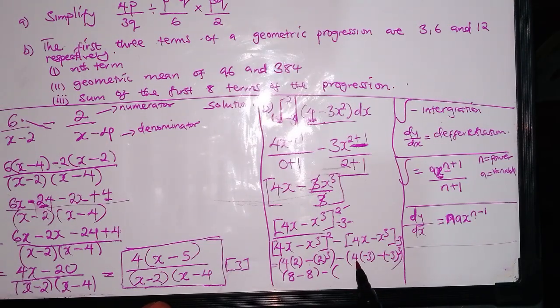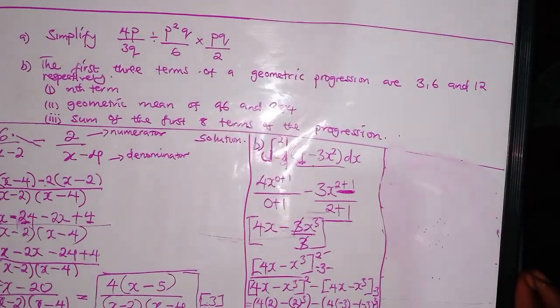Minus 4 times -3, we have -12. Then minus -3 to the power 3, we have -27. Then positive times negative, we have positive 27 minus 12.